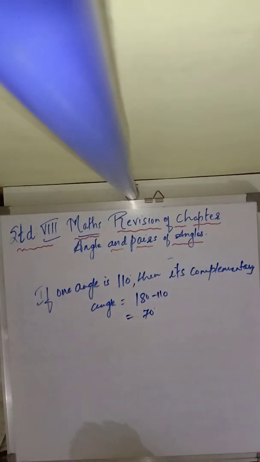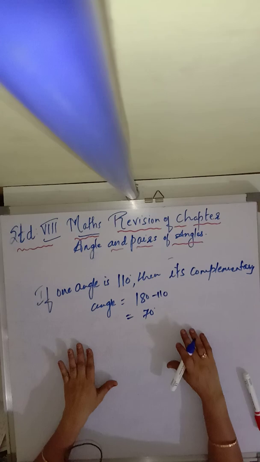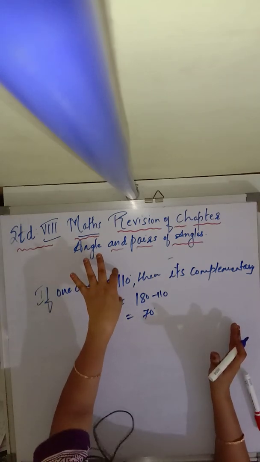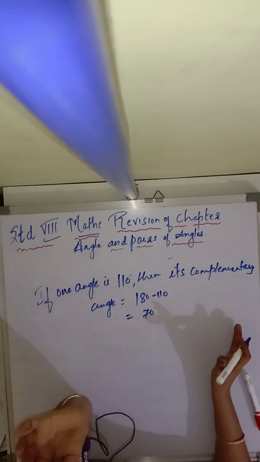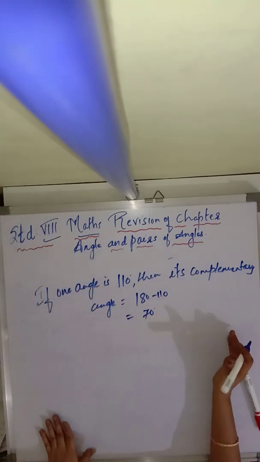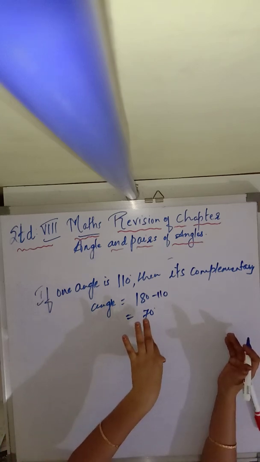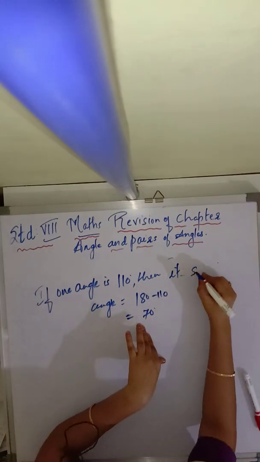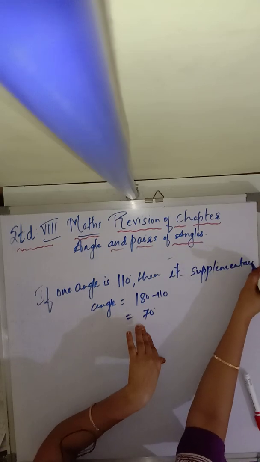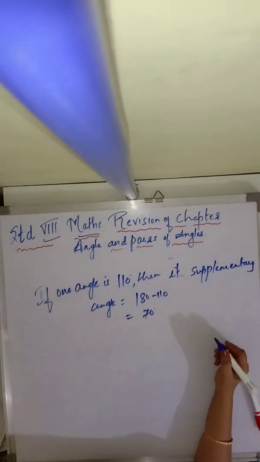Why? Because the sum of the measures of supplementary angles is 180. So if one angle is 110 degrees, then the other angle will be 70 degrees.